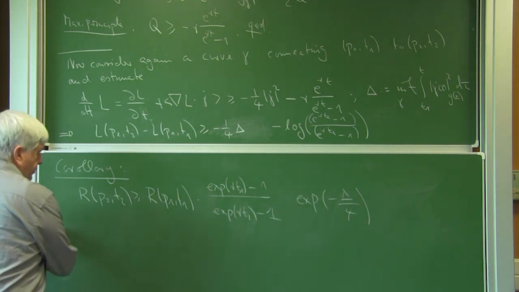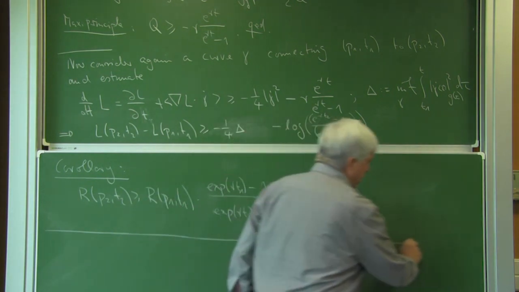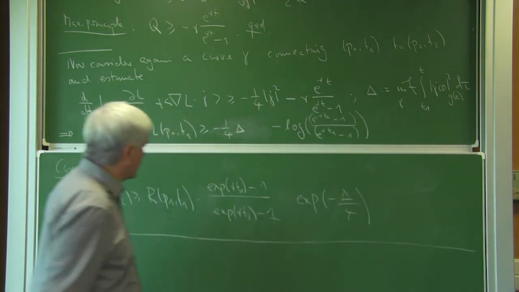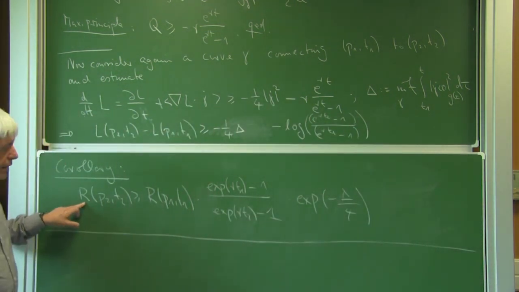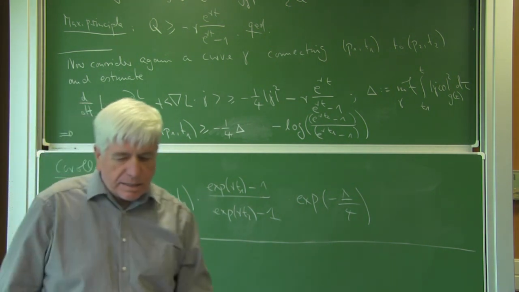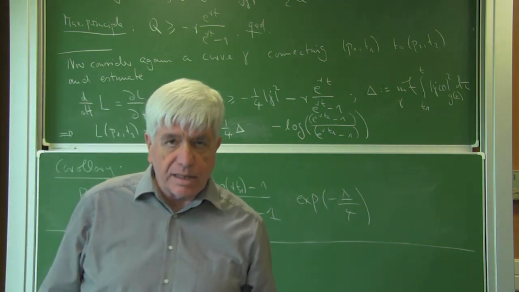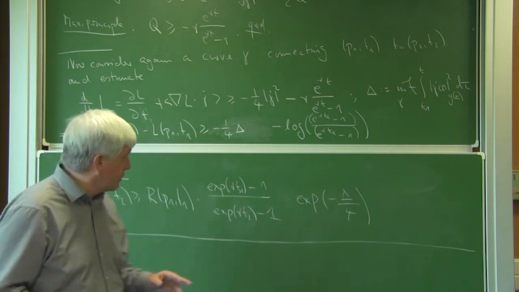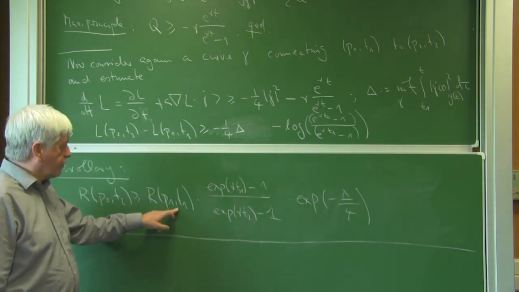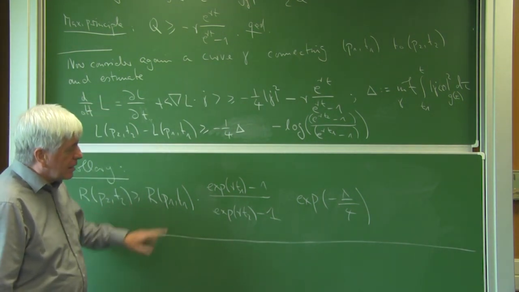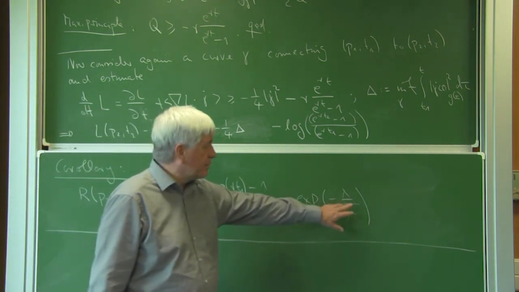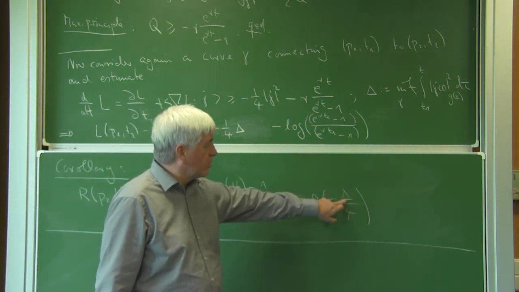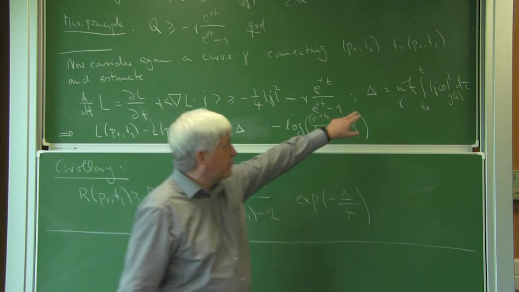Okay, so now this is already nice because it says that if we are at a maximum point of the scalar curvature, it cannot fall off too much. Still, there's some work to do in order to control this delta.